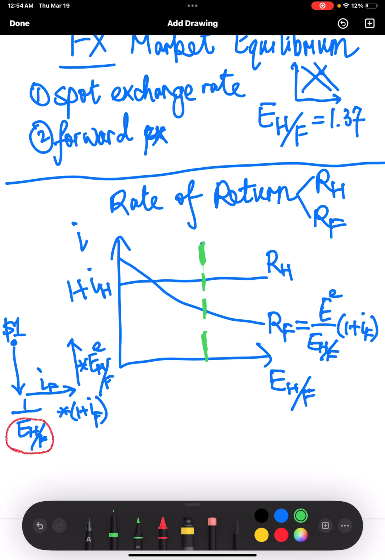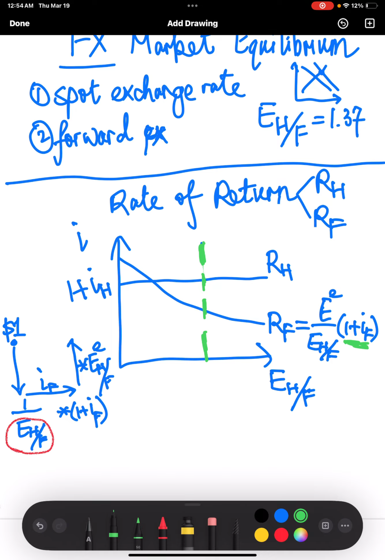Because the rate of return a year from now is higher, and you only need to repay the foreign currency at this 1 plus the foreign interest rate, you actually earn an arbitrage. You earn some free money if you do it that way.